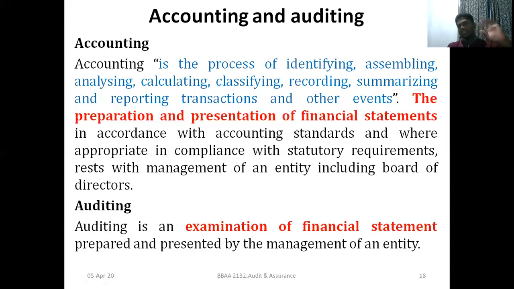The accountant, meaning the management, prepares the financial statements as per accounting rules and regulations called generally accepted accounting principles. Auditing is an examination or verification of the financial statements prepared and presented by the management.